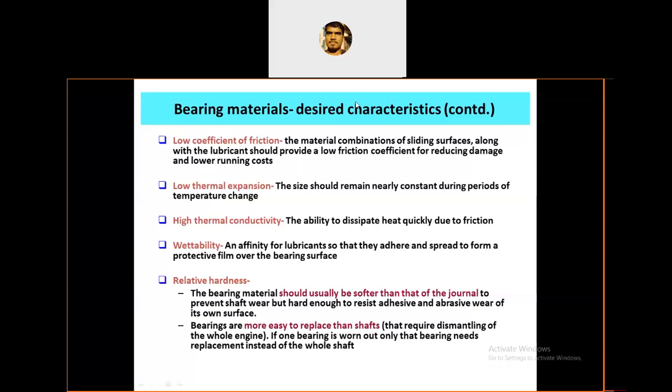Once the temperature increases, if the material is very sensitive to thermal expansion, then what happens? Even a small increase in temperature may change the dimension. Once the dimension changes, friction increases because the contact area increases. The contact area increases, friction increases, temperature increases again, and finally it leads to wear or failure. Clear? That's why you should have very low thermal expansion.